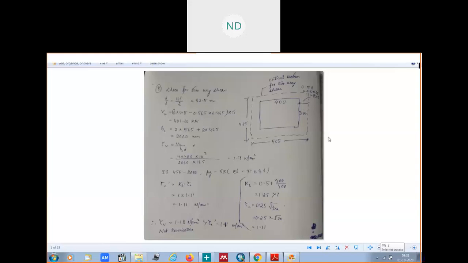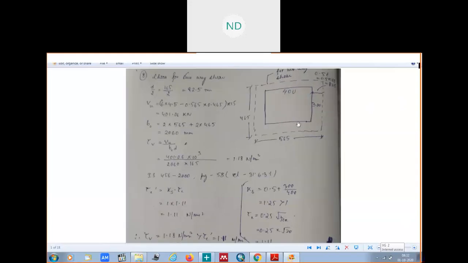There was a correction along the shorter span, so the effective depth was 165 there. So how much is d by 2? 82.5.